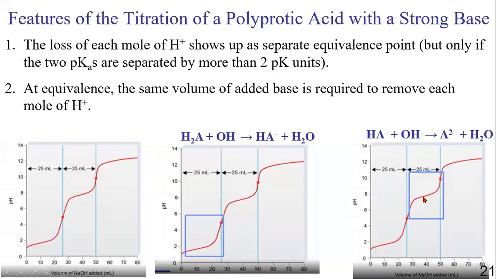In this area, again, what do we have here? We have a buffer region, where I have both species HA minus and A2 minus being produced up until we get to this equivalence point where all of the HA minus has been neutralized. So we have 0 OH minus, and everything has become A2 minus at the equivalence point.